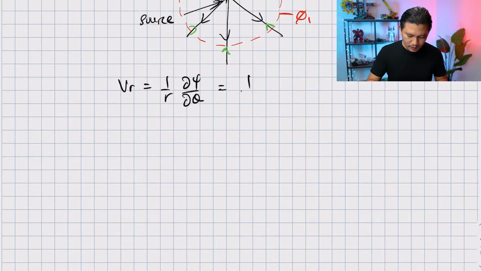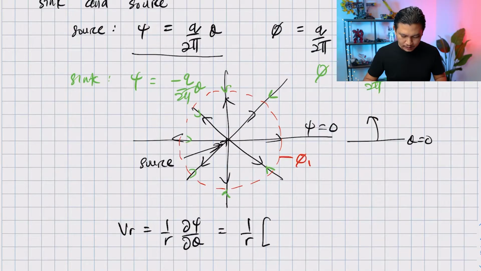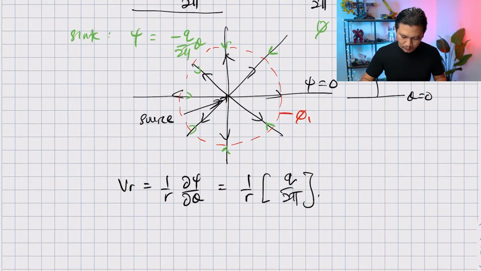And this is equal to 1 over r times, what is del psi over del theta? Del psi over del theta is equal to q over 2 pi. So this will be equal to q over 2 pi r, and that is my Vr, or radial velocity.